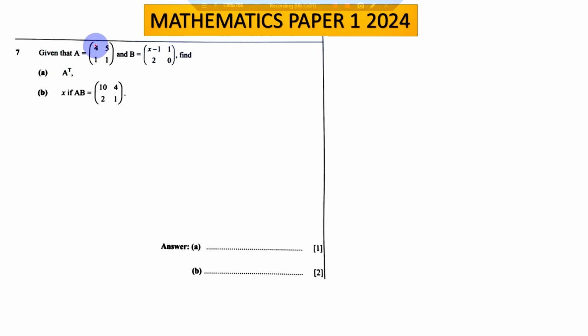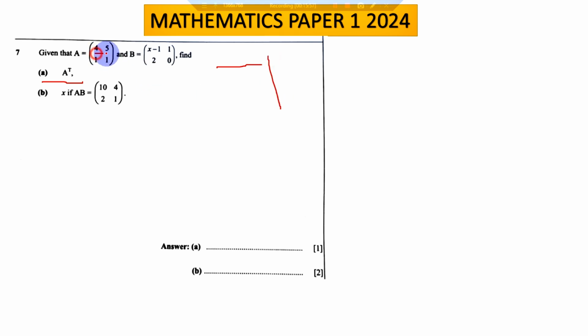Given that A is equal to a 2 by 2 matrix, which is 4, 5, 1, 1. And B is equal to another 2 by 2, which is x minus 1, and then 1, 2, and a 0. The first question is saying find the A transpose. So we need to transpose matrix A, that is making rows into columns.